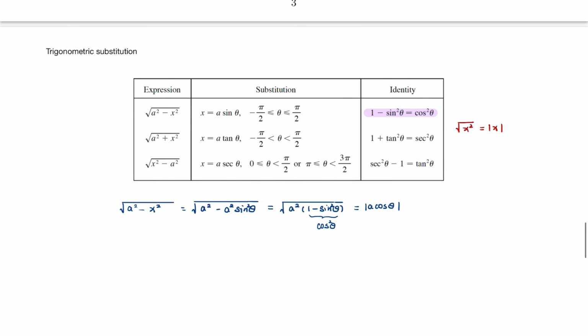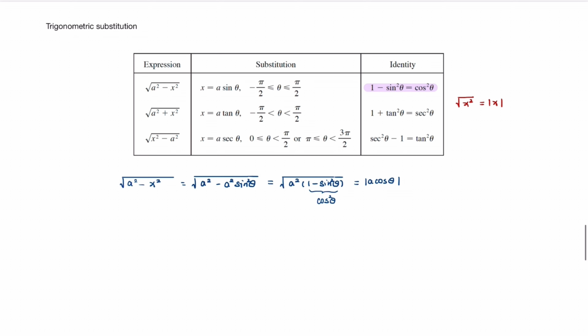And recall the CAST rule, what you learned in high school, or what I usually say is All Students Take Calculus, using this to decide the sign of your trigonometric functions. From this you can see that cosine is positive in this region.